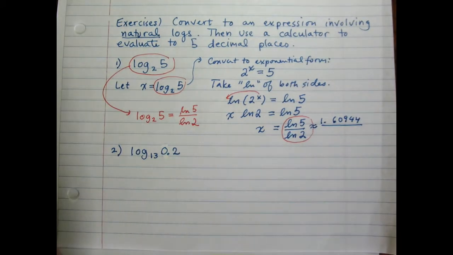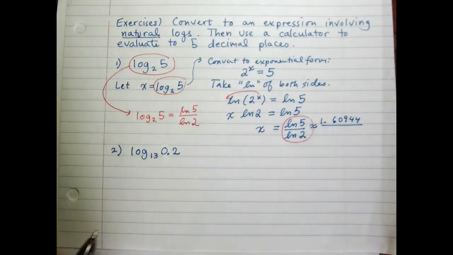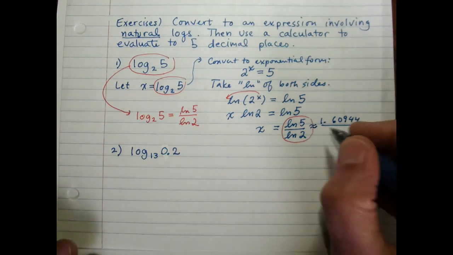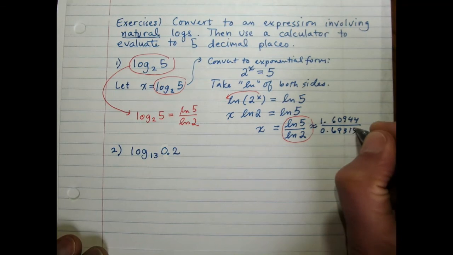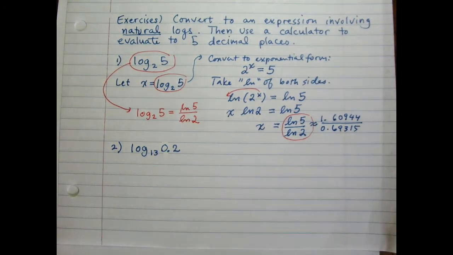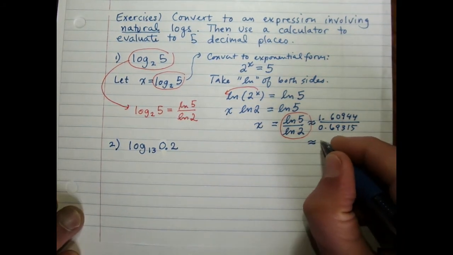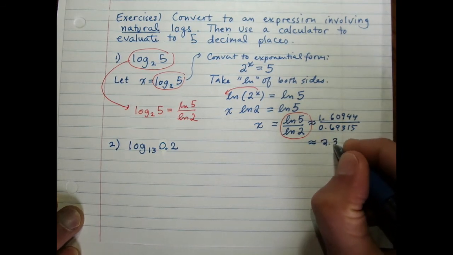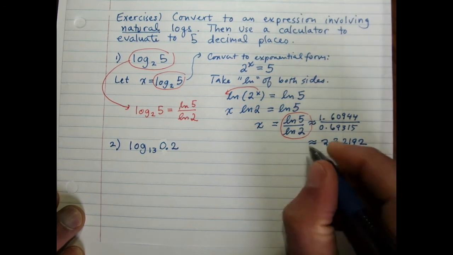I'm also going to compute 2 ln, and I get 0.69315. And then I'm going to divide those two. And when I divide, I get 2.32192.